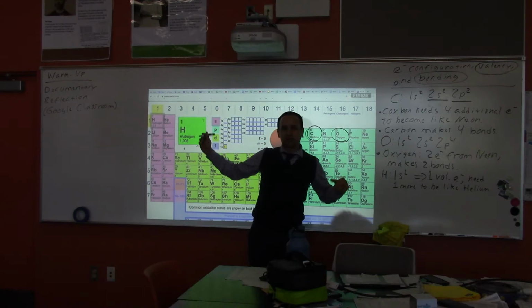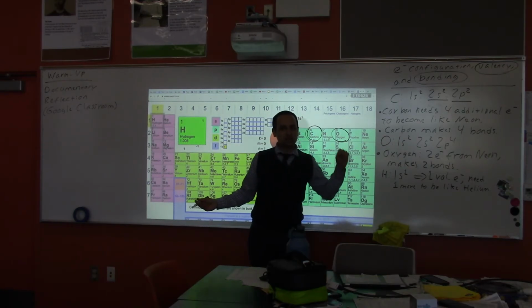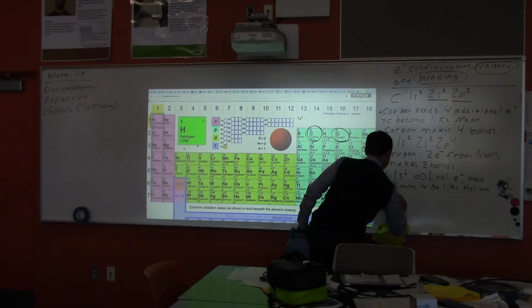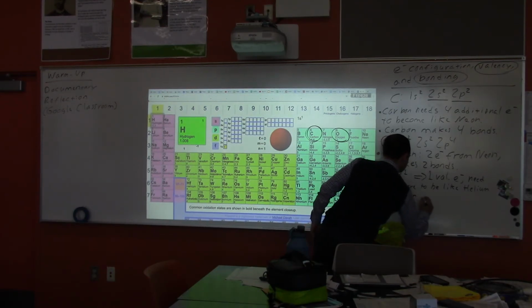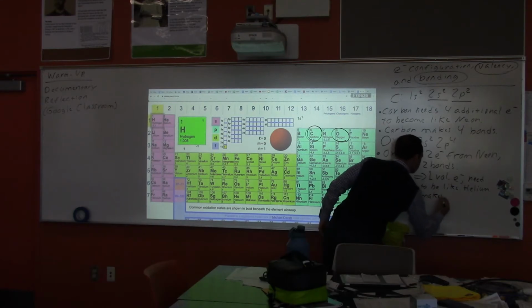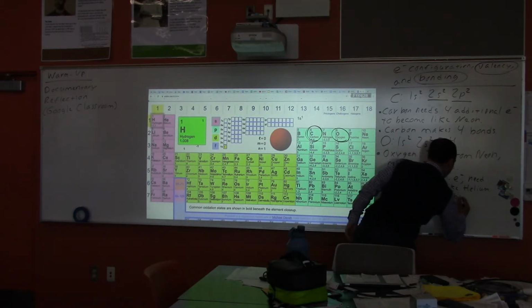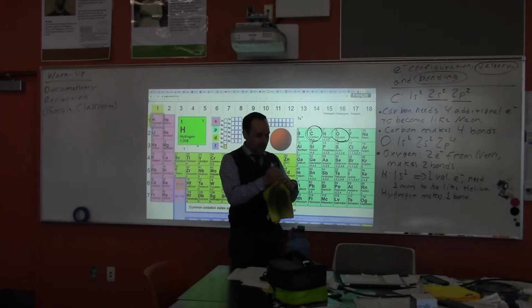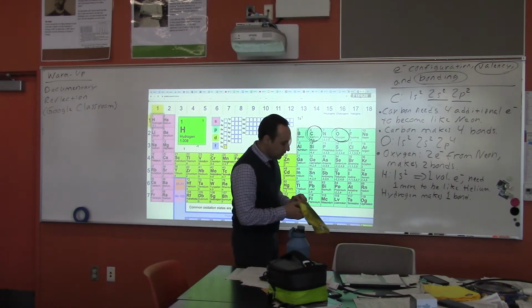Hydrogen needs 1 electron to be like helium, so it's going to make 1 bond. Okay, so hydrogen makes 1 bond.